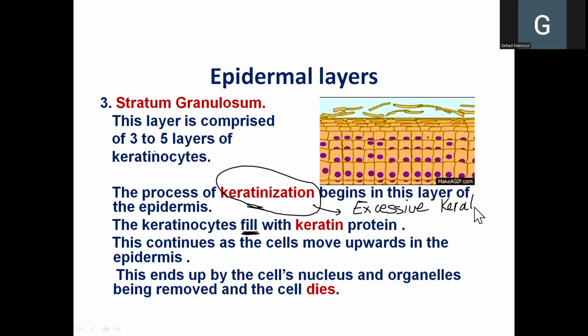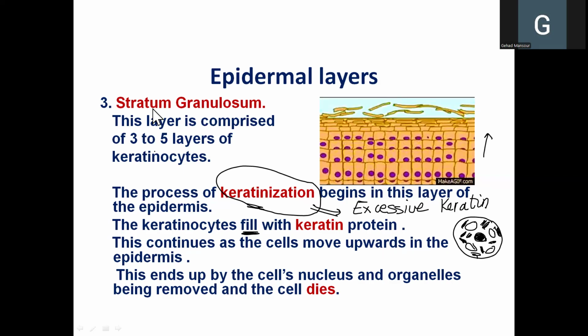As the cells become older and move upward, they accumulate keratin to the extent that this keratin, if this is the nucleus, for example, and these are the organelles, the keratin molecules accumulate inside the cell until they affect the function of the nucleus and the organelles.